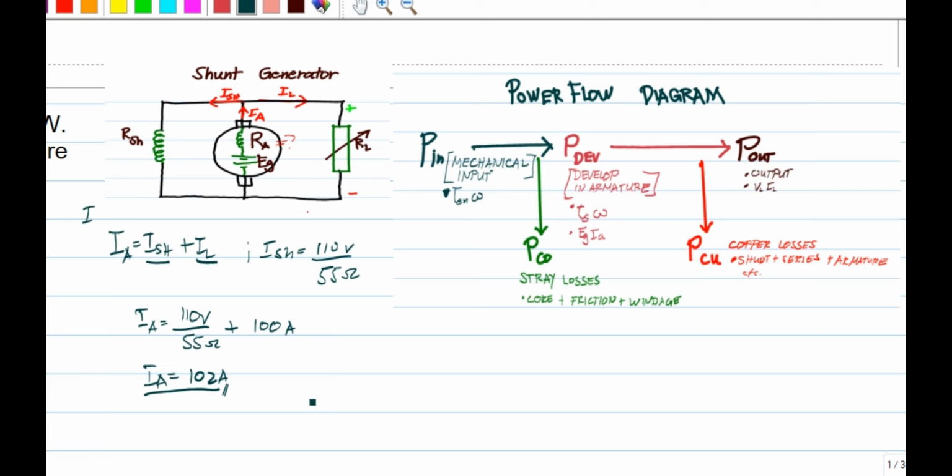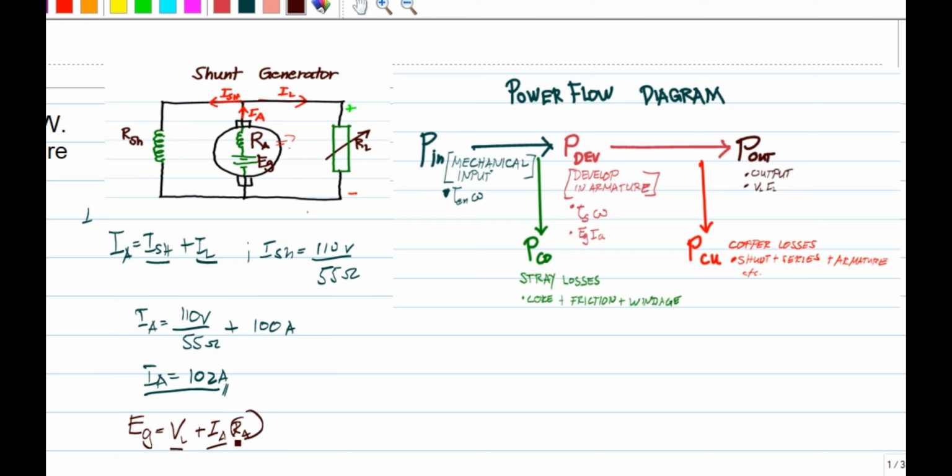Step 1. EG is equal to VL plus IA RA. So in this equation, we have VL, we have IA.